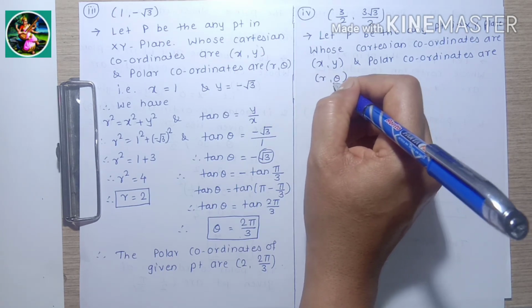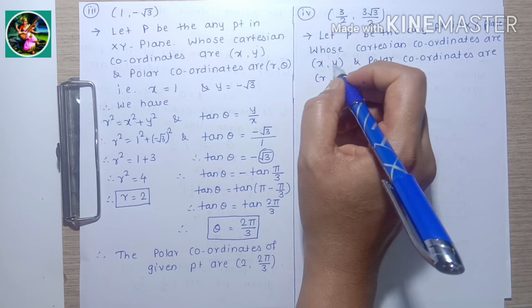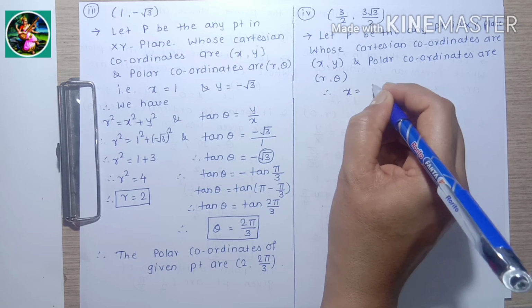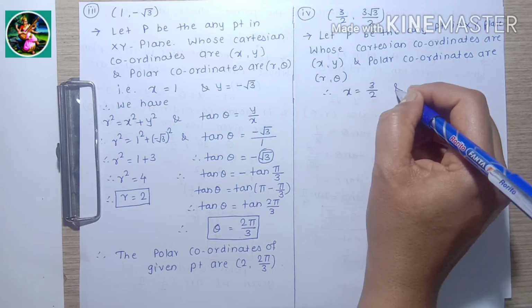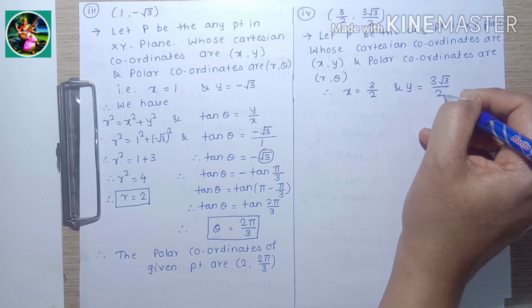Here we have to find the values of r and theta, and we are given the values of x and y. Therefore, we write x is equal to 3 upon 2 and y is equal to 3 root 3 divided by 2.